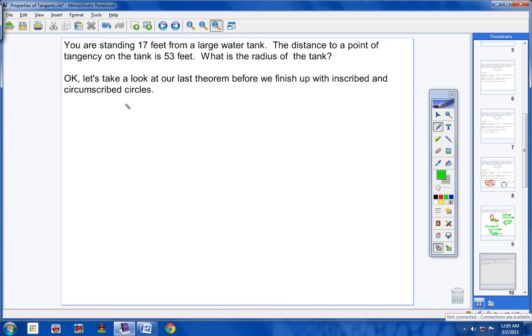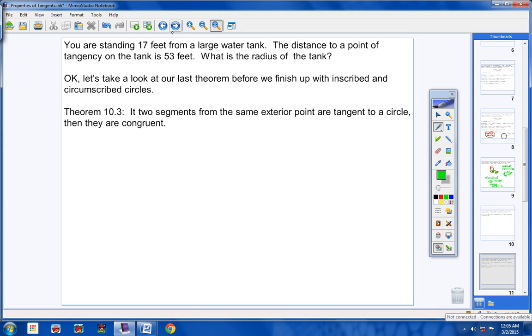Let's take a look at our last theorem before we finish up with the inscribed and circumscribed circles. Okay, here's our theorem. Please copy this down. If two segments from the same exterior point are tangent to a circle, then they are congruent.